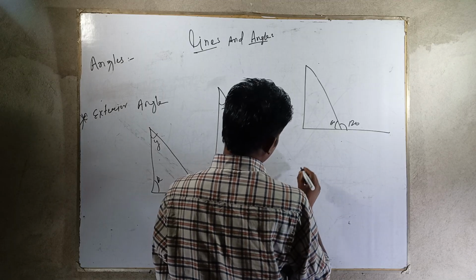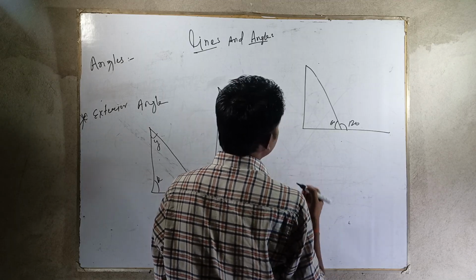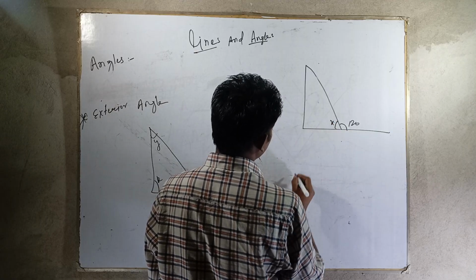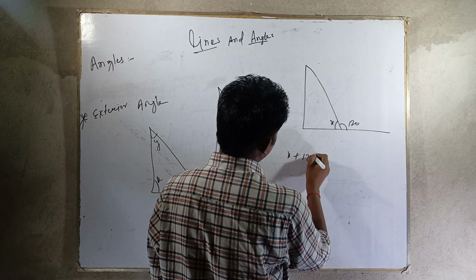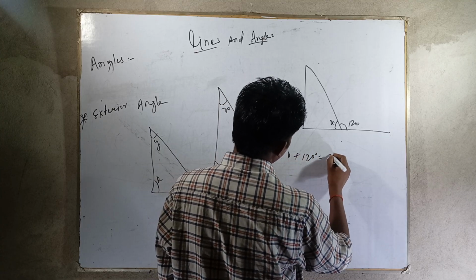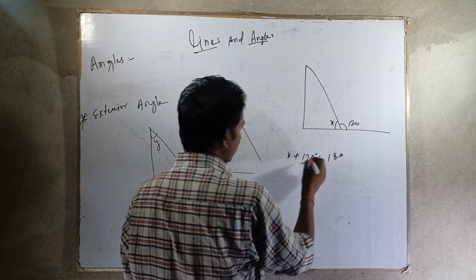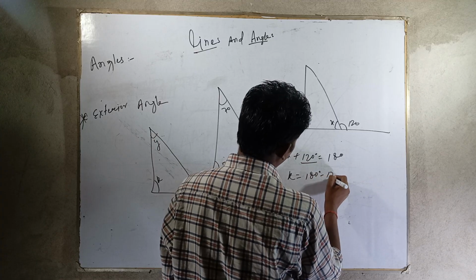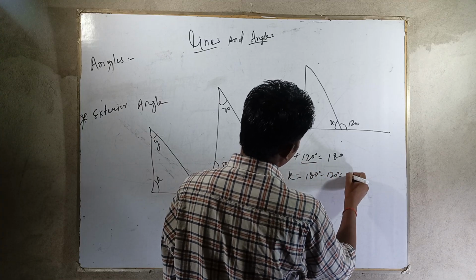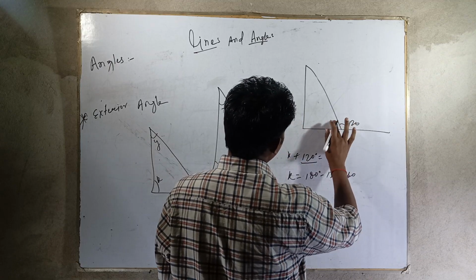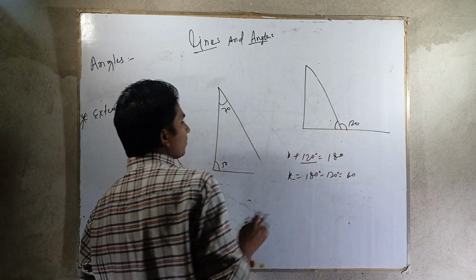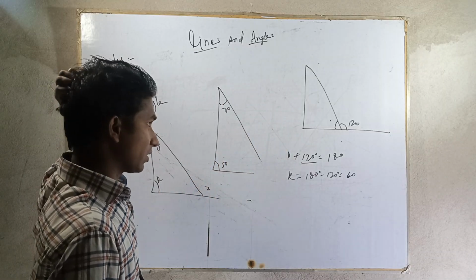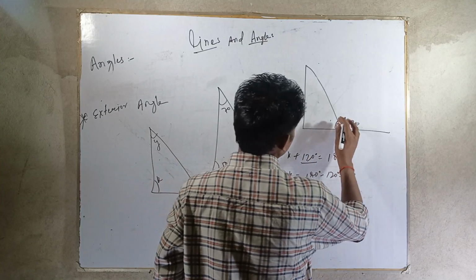Because I know, with the example of linear pair, if this is unknown x plus 120 equal to 180, then 180 minus 120 degree, it will be 60 degree. This linear pair is sometimes used for measuring these types of angles. So its value will be 60 degree.